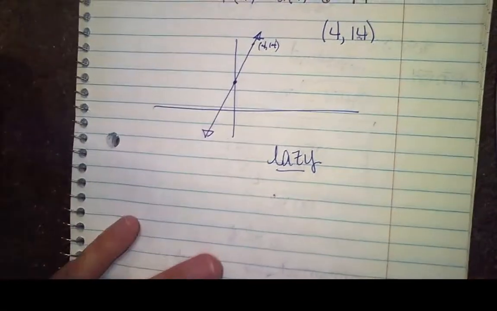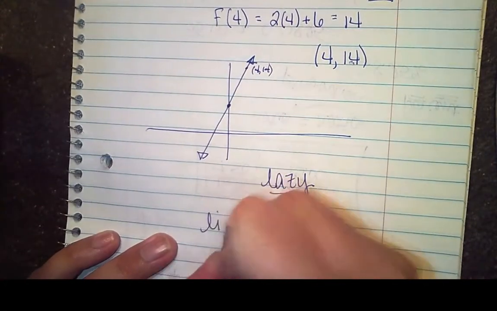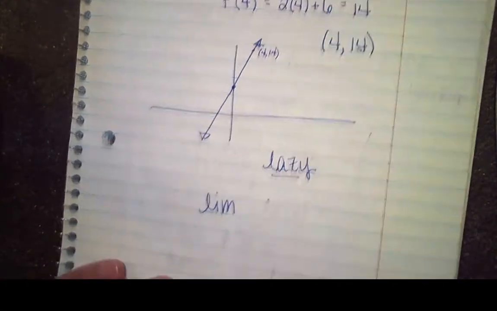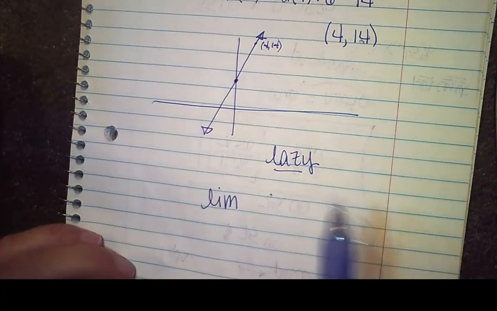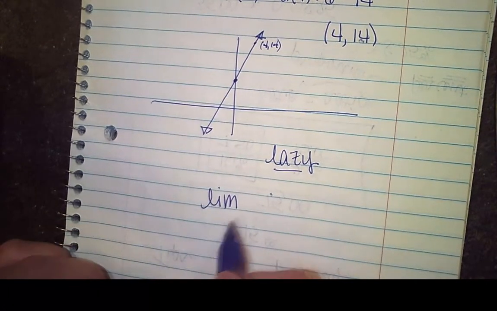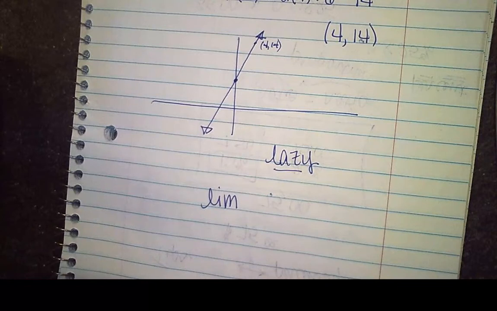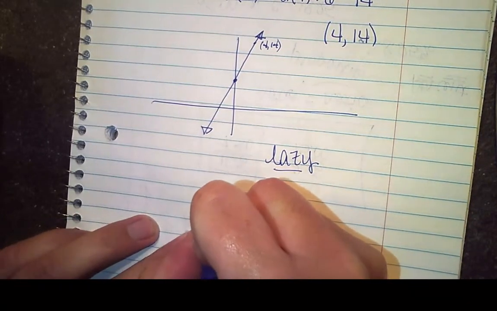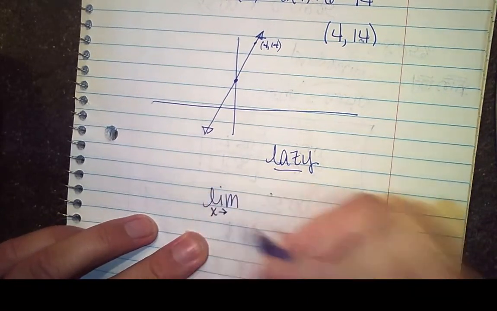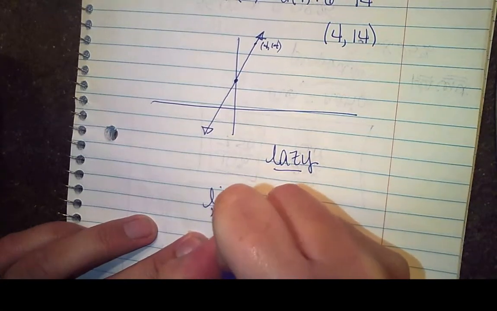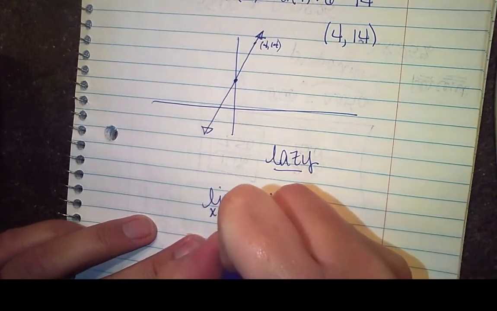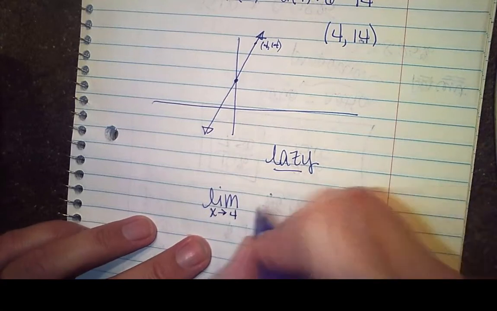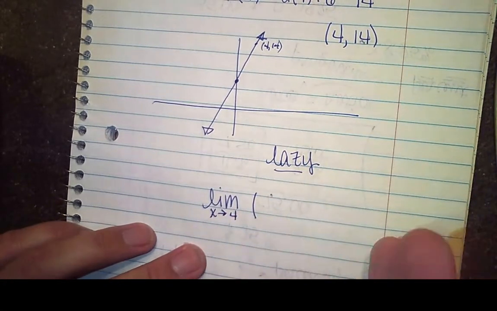So instead of writing the word limit, I'm going to write L-I-M, because it's too hard to write the I and the T. Underneath it, in a subscript, which means a tiny little font, I'm going to say I want x to get infinitely close to 4. And what do I want to take the limit of?